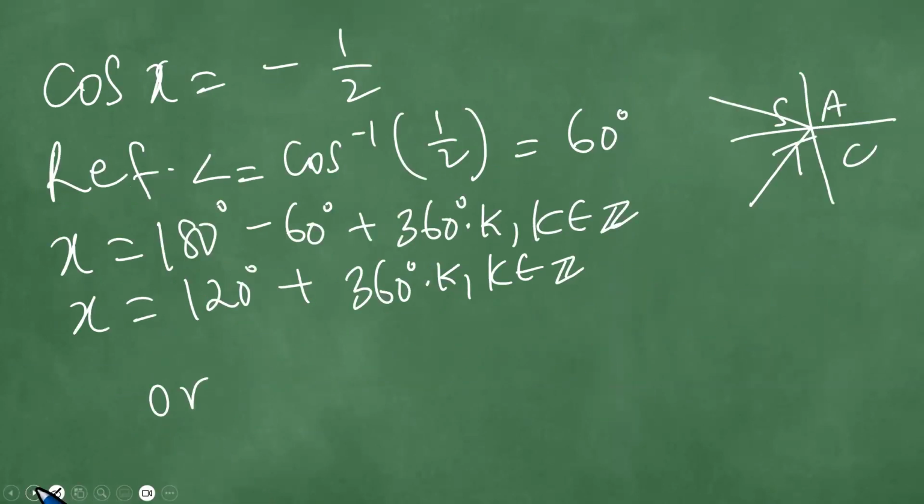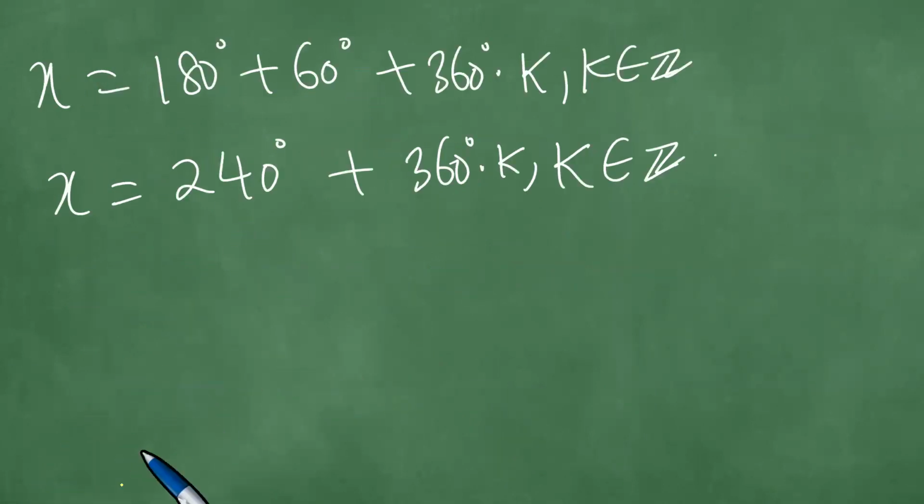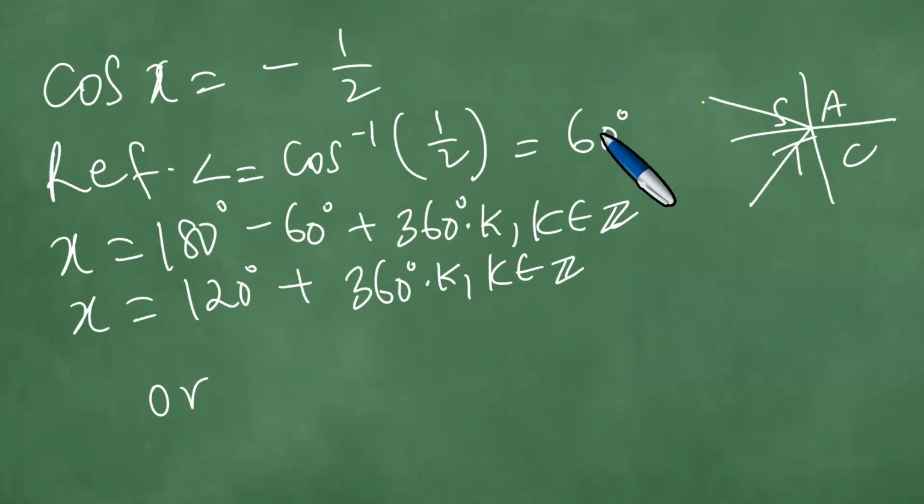Cosine x equals minus 1/2 led to 120 degrees, and another one which is 240 degrees.